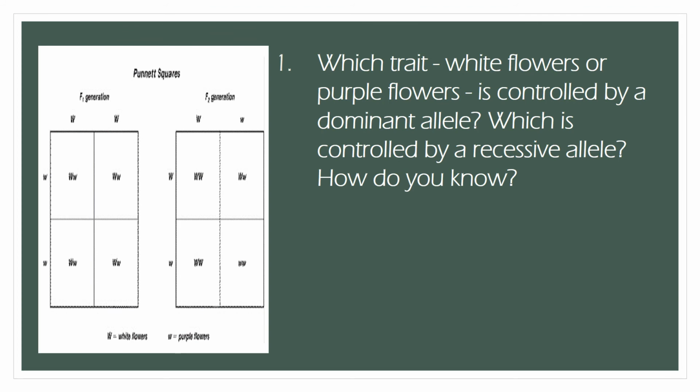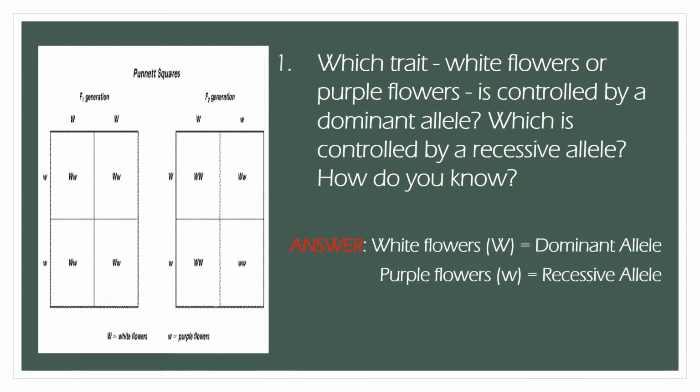So the answer is the white flowers, or the big letter W, is controlled by the dominant allele, and the purple flowers, or the small letter w, is controlled by the recessive allele.